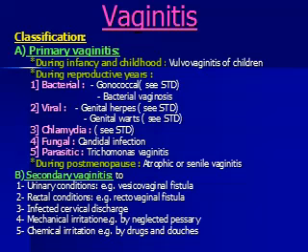Vaginitis may be primary or secondary. Primary vaginitis during infancy and childhood will be in the form of vulvovaginitis. During reproductive years, it may be bacterial vaginosis, genital herpes, genital warts, chlamydial infection, vaginal candidiasis, and trichomoniasis.